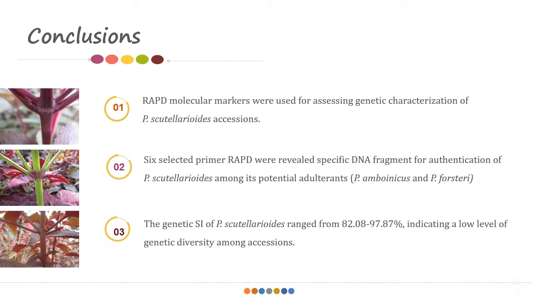There were 3 points of our research conclusion. 1. RAPD molecular markers were used for assessing genetic characterization of Plectranthus scutellarioides accessions. 2. Six selected RAPD primers revealed specific DNA fragments for authentication of Plectranthus scutellarioides among its potential adulterants, namely Plectranthus amboinicus and Plectranthus forsterii. 3.